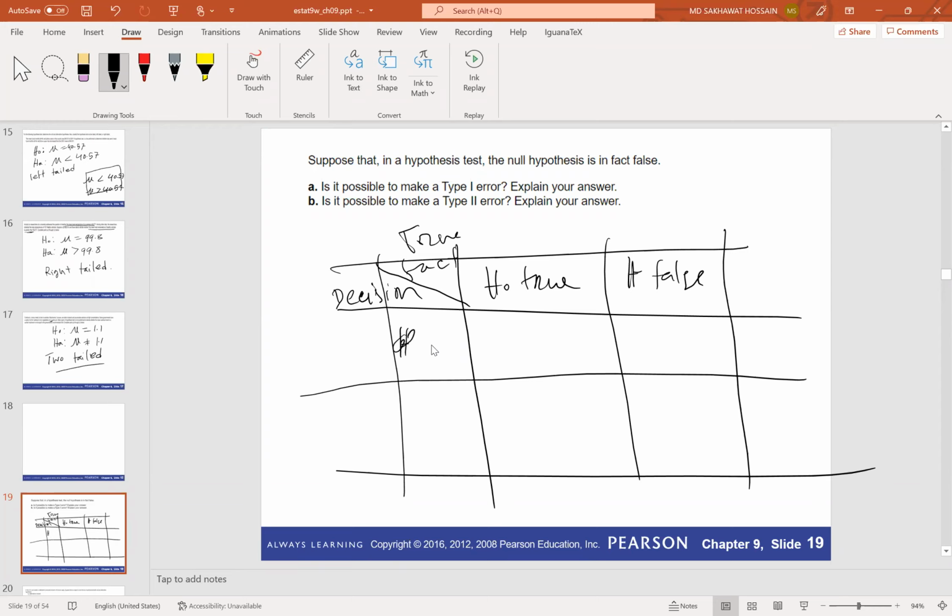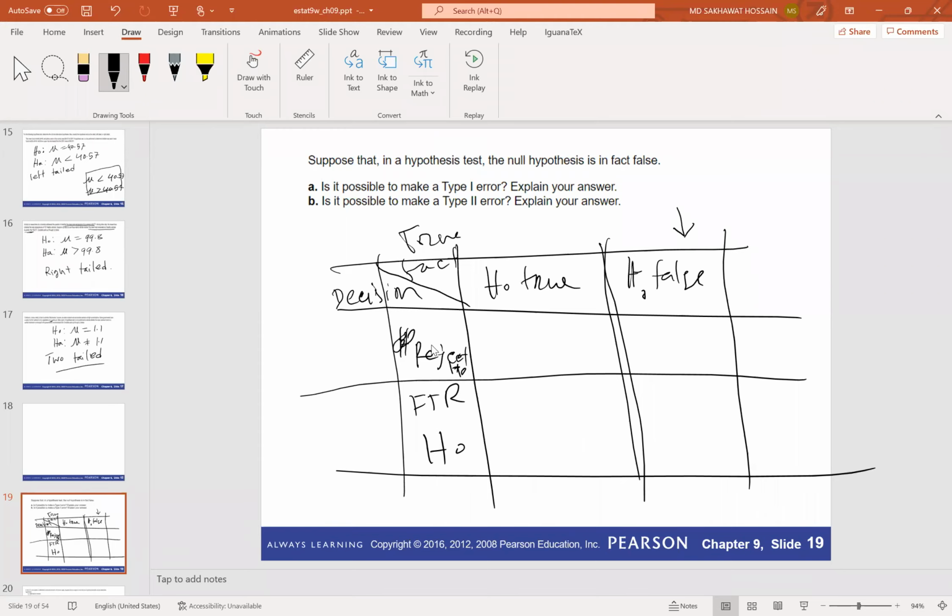Here, reject H0, and FTR means fail to reject H0. So the true fact is the null hypothesis is false.